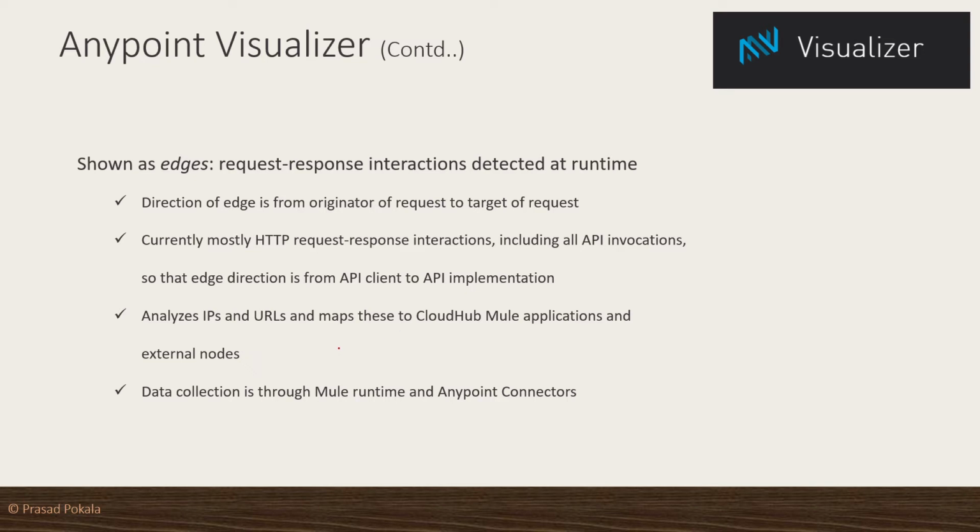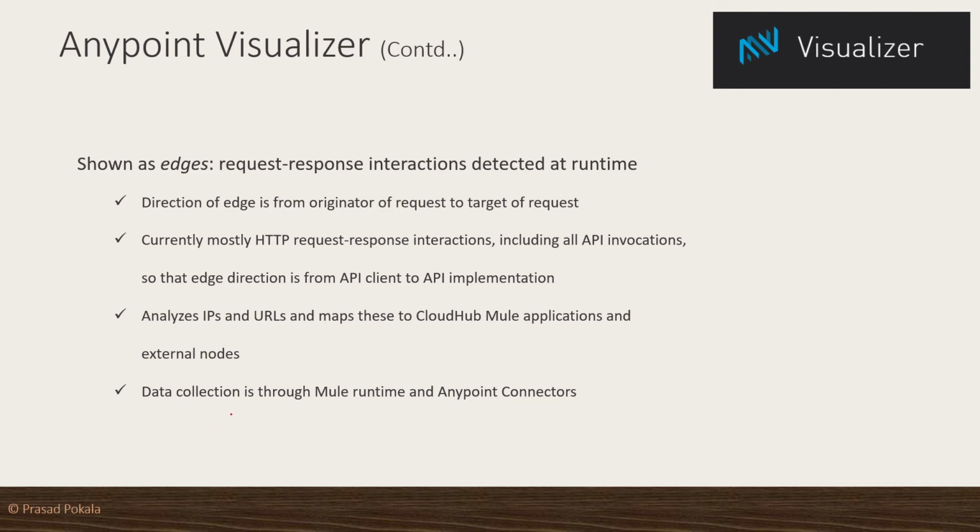And apart from this, whatever metrics it captures, for example the IP address or the URLs on which the calls are happening, are also assigned to the respective request and response nodes. So this is the requester IP address, this is the requester URL and response URL, and this is the API implementation's IP and URL. All these details are also shown on the visualizer.